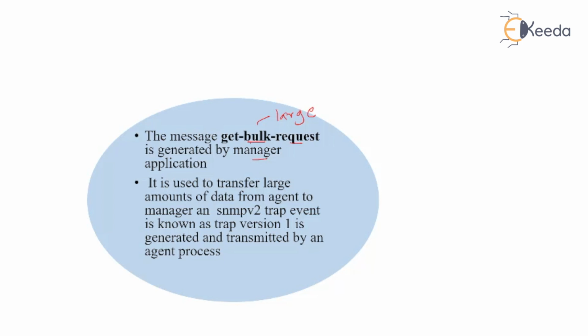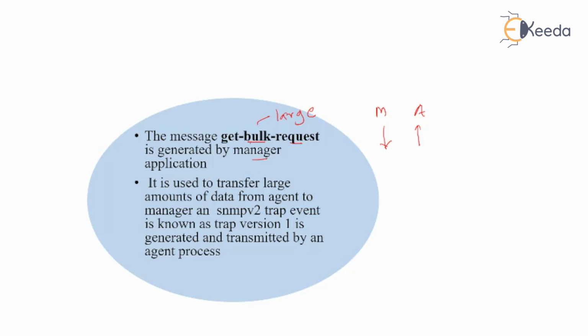Now try to understand, get bulk request is another event which is generated in SNMP V2, and this can be used between manager and agent. This particular get bulk request is initiated by the manager and received by the agent. Along with the reception of this message, the agent will send a large amount of data to the manager, and hence whenever you require a huge amount of data, SNMP V2, the enhancement of SNMP V1, will exchange the huge amount of data from agent to manager.